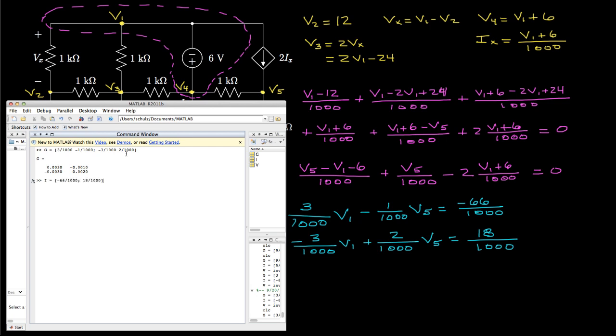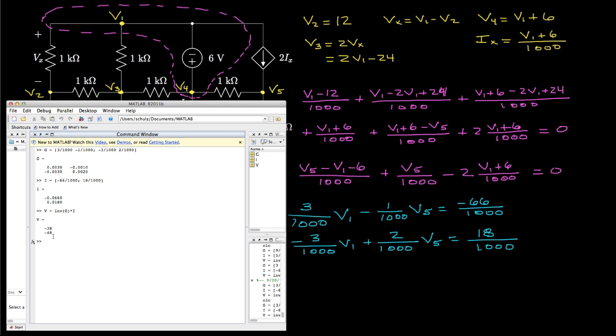And then for I, I have negative 66 over 1000 in the first row and 18 over 1000 in the second row. And then V, which is the inverse of G times I, would tell me that V1 is negative 38 and V5 is negative 48.